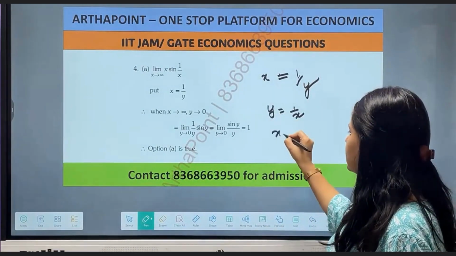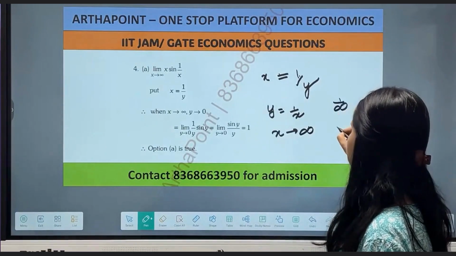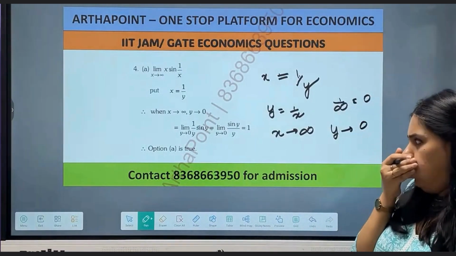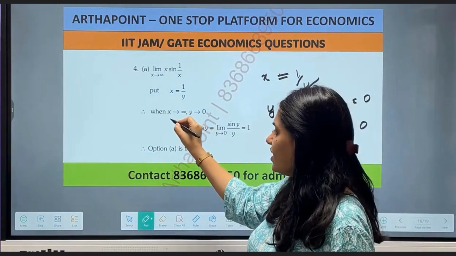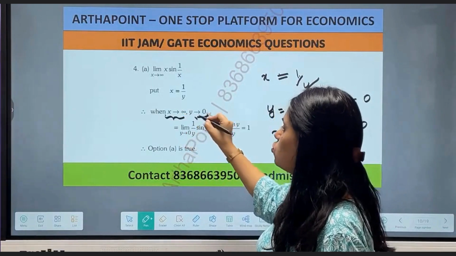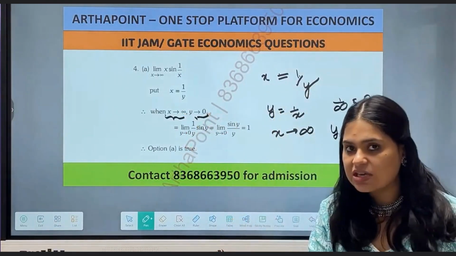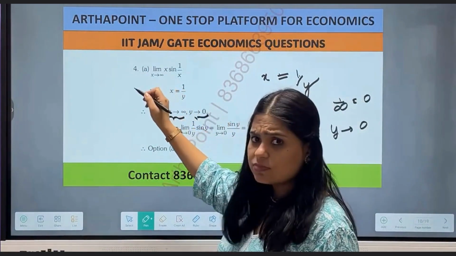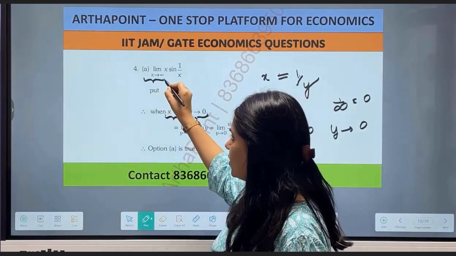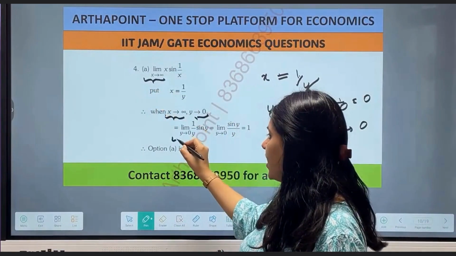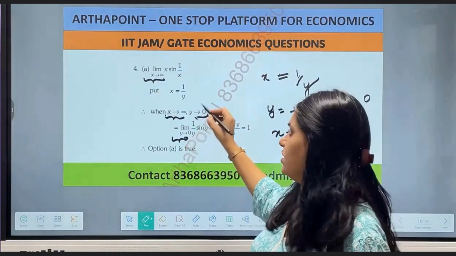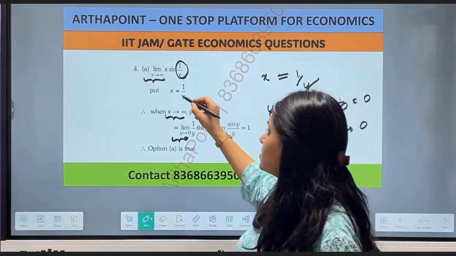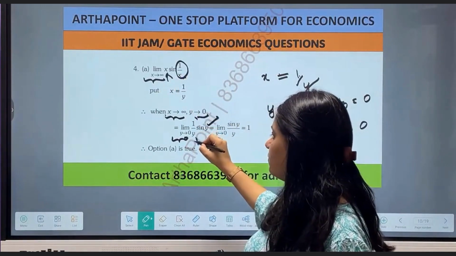That means when x tends to infinity, then 1 by infinity means 0. So y will go towards 0. Y goes to 0 when x goes to infinity. Now I have replaced it. Instead of x going to infinity, I have written y going towards 0. Instead of 1 by x, I have written y. And instead of x, I have written 1 by y.